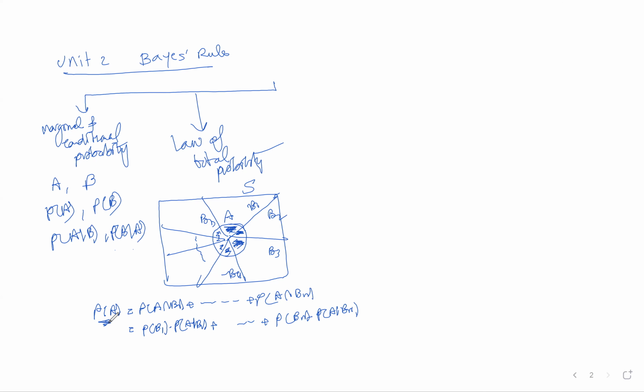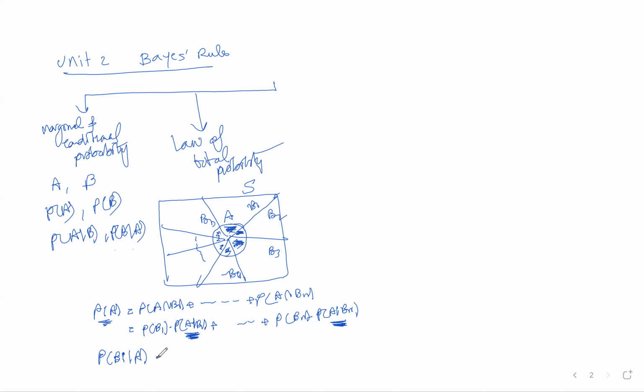And we use this law of total probability to reverse one of these conditional probabilities. So maybe I need to calculate the probability of Bi, any one of these B, given A. This one, Bi given A, is the inverse of one of these.